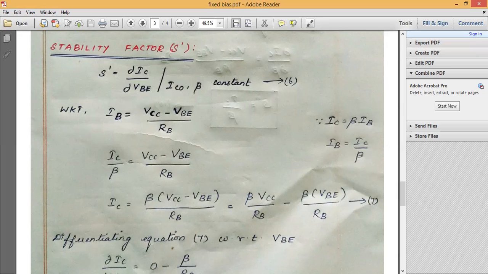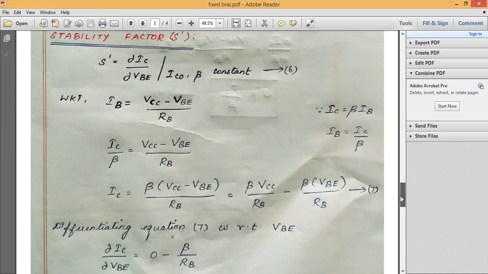Instead of IB, we substitute IC divided by beta, and I'm taking this beta to that side. So IC is equal to beta into VCC minus VBE divided by RB. I'm rewriting this equation as beta into VCC divided by RB minus beta into VBE divided by RB.